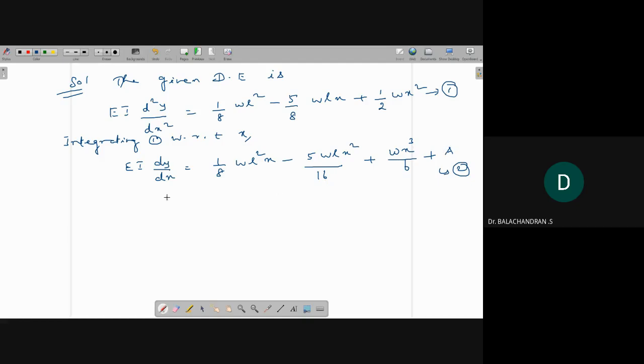Okay. So for this, I am going to use the end condition. The end x is equal to 0 of the beam is clamped.